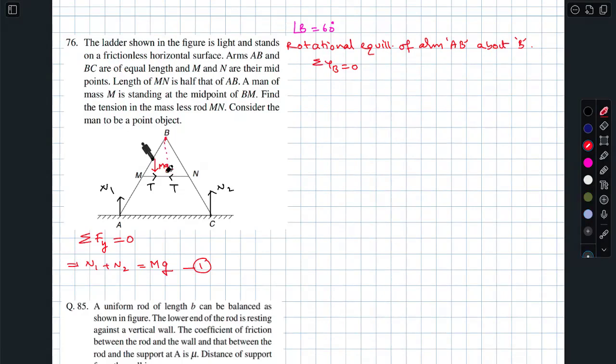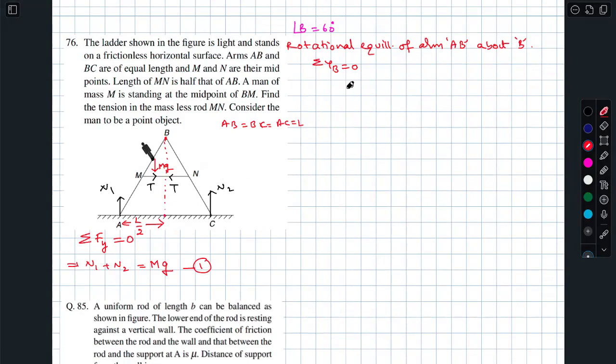Now, for this purpose, you already know this will become L by 2. Did they give anything for L? No, they did not mention anything. So I am taking AB, BC, and AC as L. In that case, this will be midpoint, L by 2.